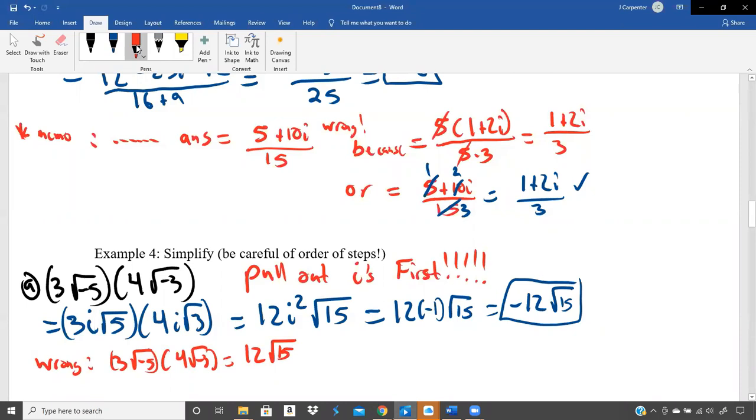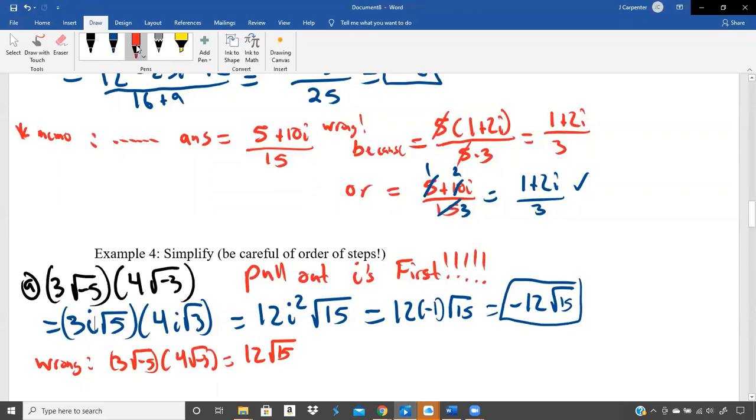There's no negative inside of the i's now. That's just a square root of positive 15, and there's nothing you can do to simplify this any further. But trust me, I'm not lying to you. I know you don't know exactly why, but this negative is supposed to be the answer. And this is actually what will happen every time if you do it the wrong way. You'll get the opposite of the correct answer.